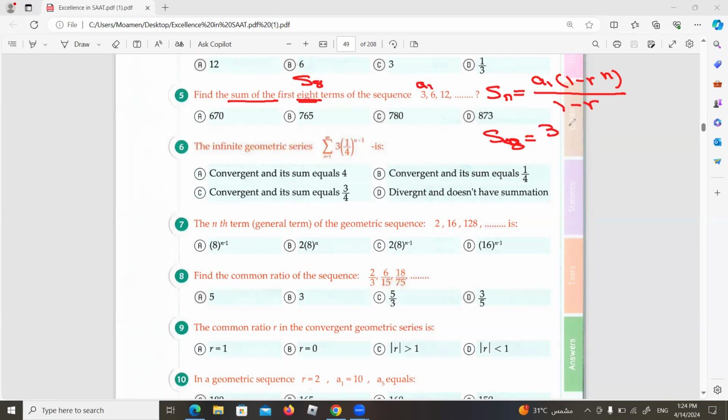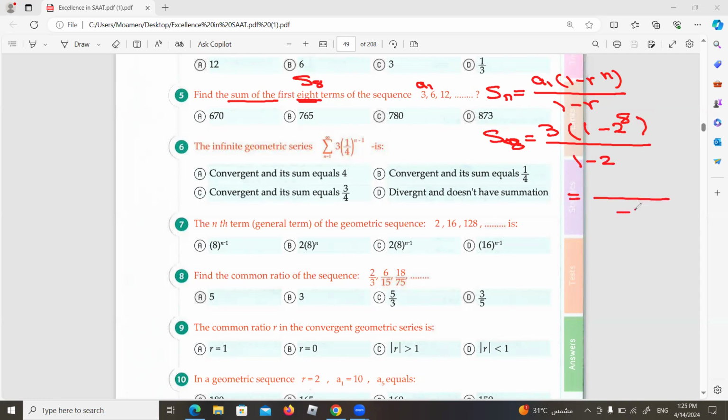So it's 3, open bracket 1 minus R. And R equals what? 6 divided by 3 equals 2, or 12 divided by 6, also 2. So it's 2 power n, meaning 2 power 8, over 1 minus R, which means 1 minus 2.